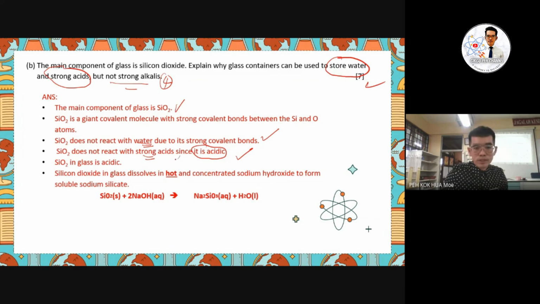Here you already mentioned the same thing. So silicon dioxide in glass dissolves in hot and concentrated sodium hydroxide to form sodium silicate. This will be the same point as yesterday. So we just add another point which was not related to yesterday's question. But here you have to mention mainly storing water and also strong alkaline.